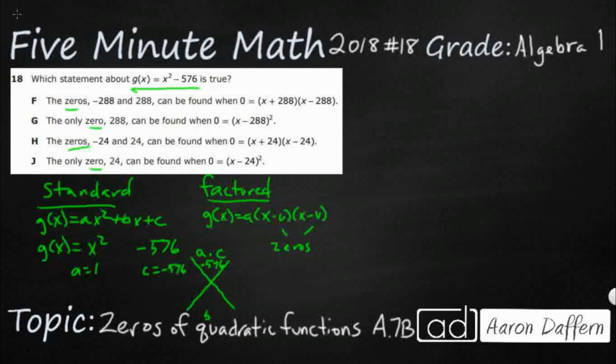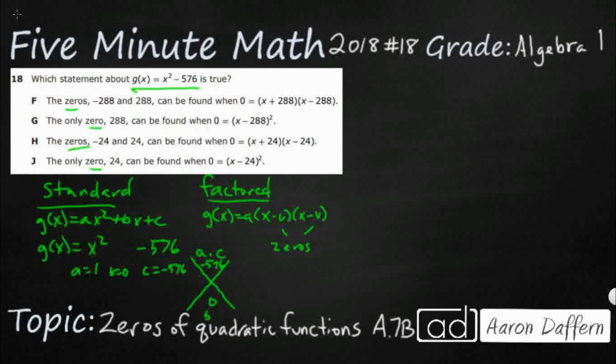But I need a b here. So this diamond method is not going to work because I don't have any b. It's just not even there. If you wanted to say b equals 0, how helpful is that going to be when you try to find two factors that multiply to negative 576 and add to 0? We can do it, but that's kind of a strange way to think about it. So we'll come back to this. It's not the most useful way.